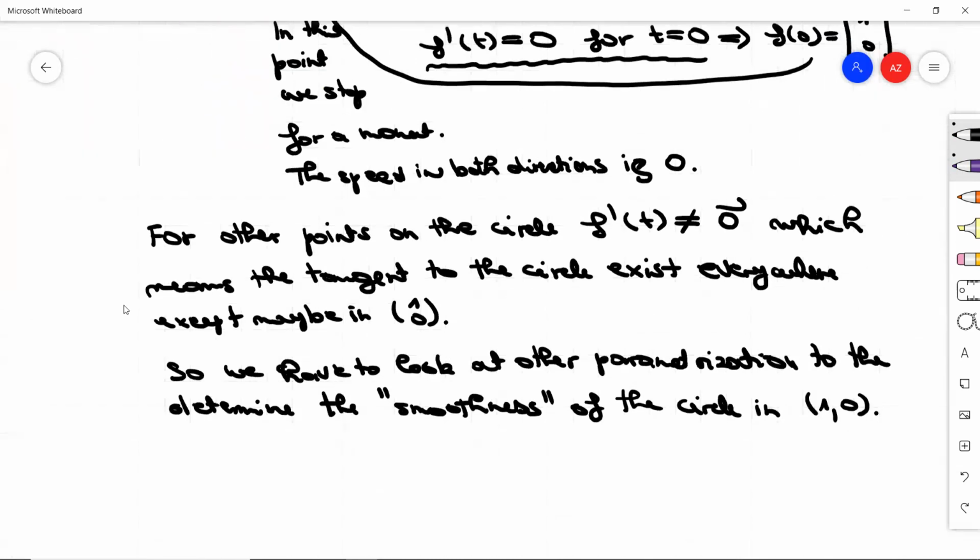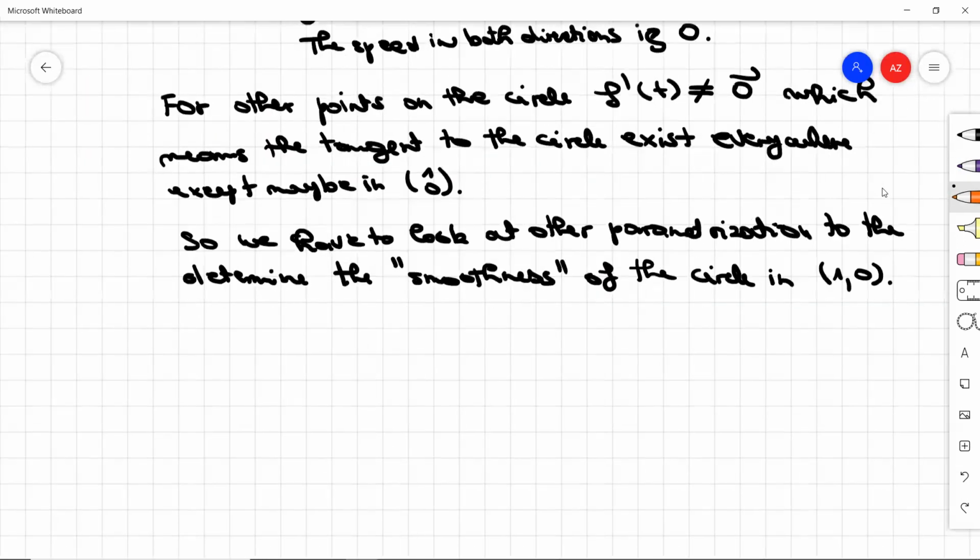So this discussion motivates two definitions.